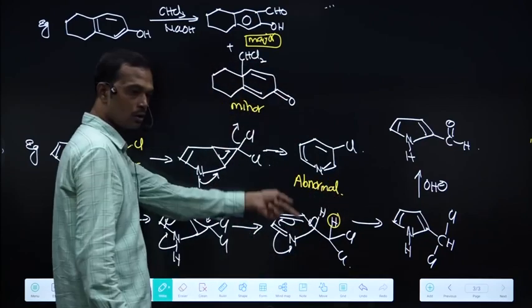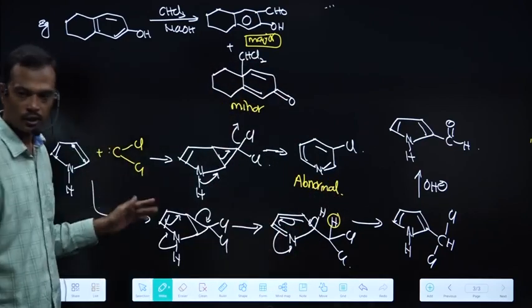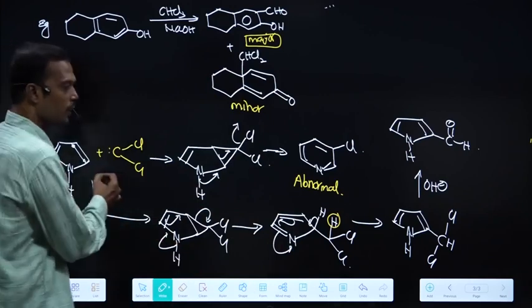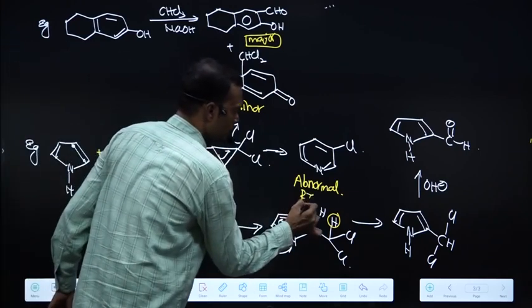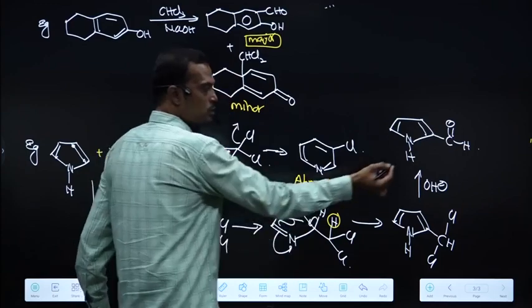Electron rich becomes electron deficient. But here electron rich is still electron rich only. So that's why this is an abnormal RTR. This is not a preferred reaction, abnormal RTR, and there is a preferred RTR.